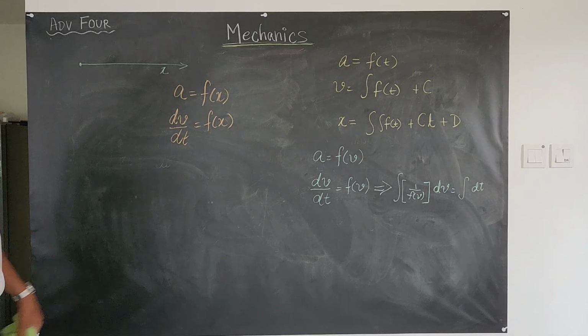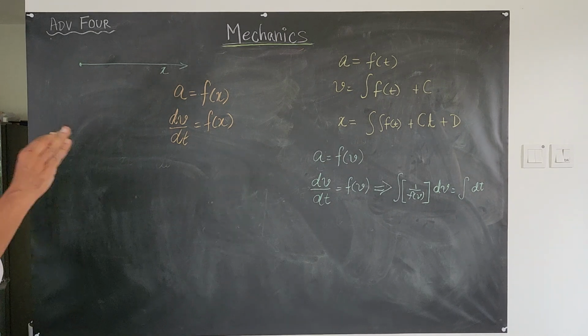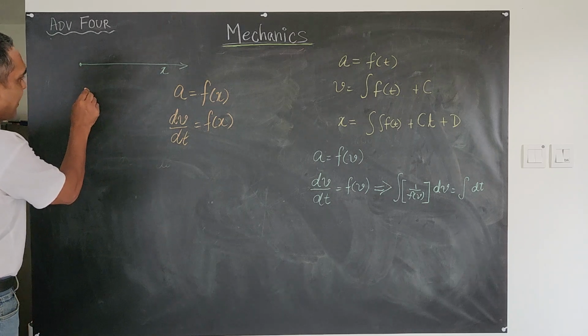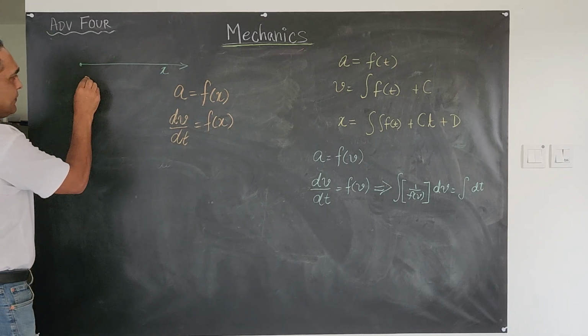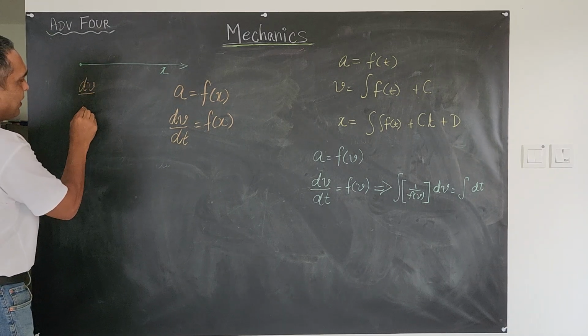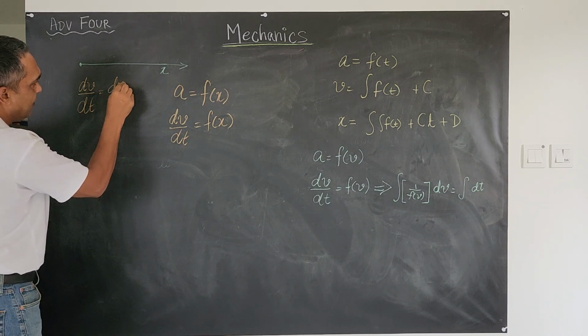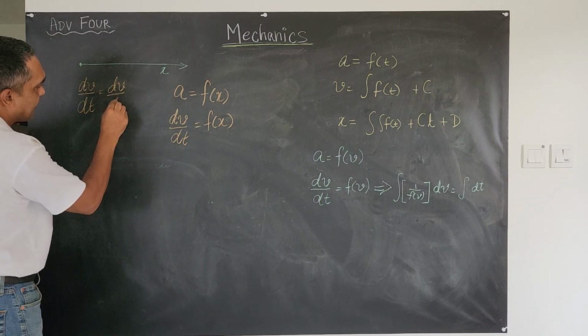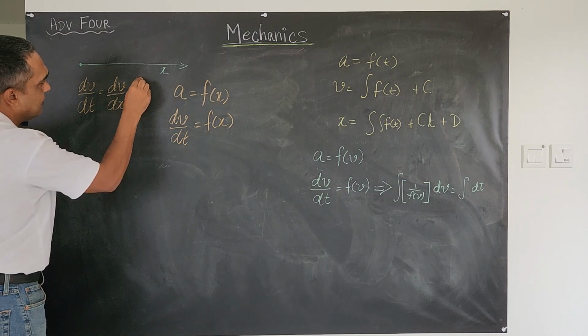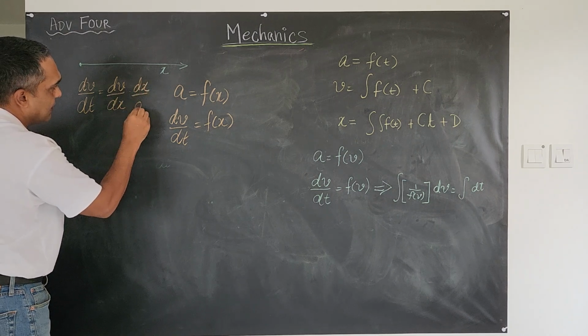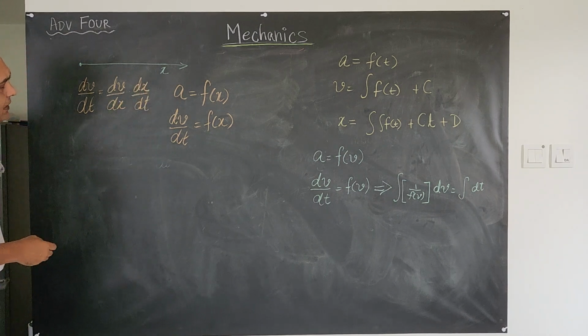So how do I address this? I think the best way to think about it is to say, if I have dv by dt, I can write it as dv by dx times dx by dt. This is basic calculus, right?